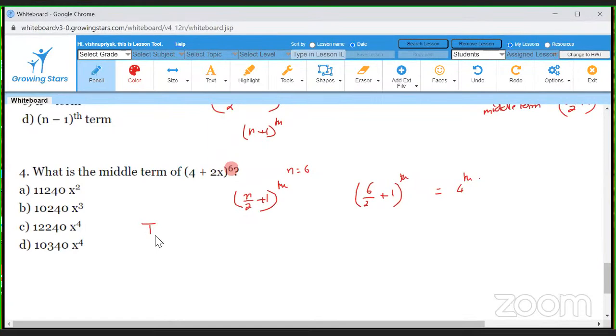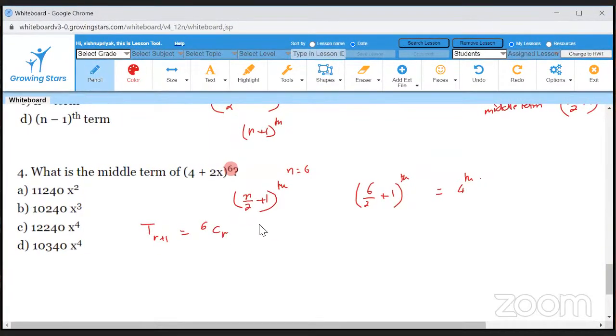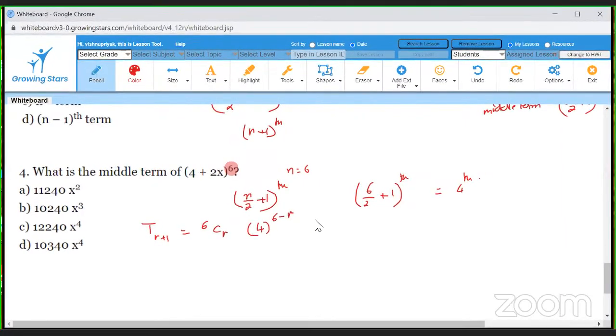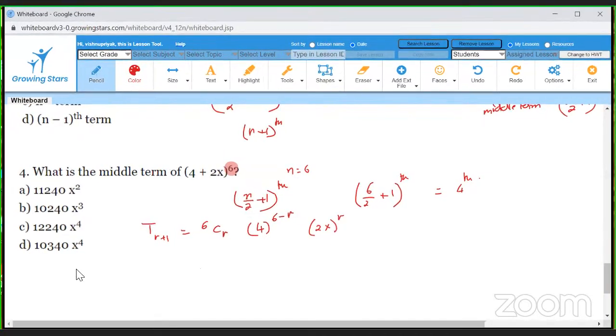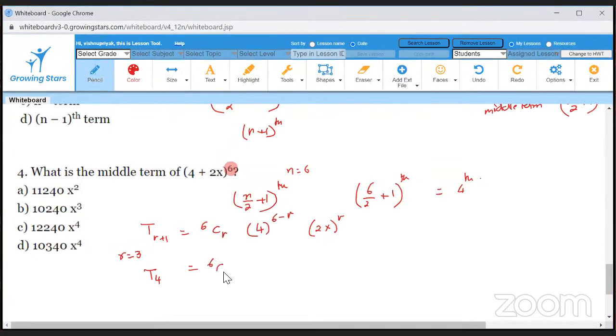What is the general term formula? NCR 4 power 6 minus R, 2x power R. But because we are taking 4th term, R we have to put as 3. So 6C3.